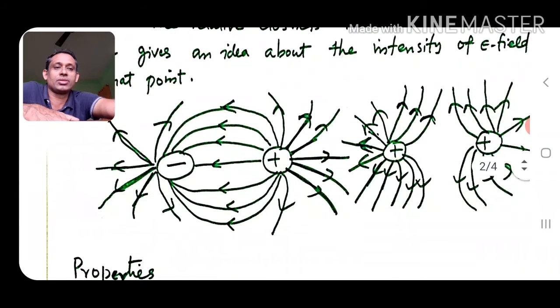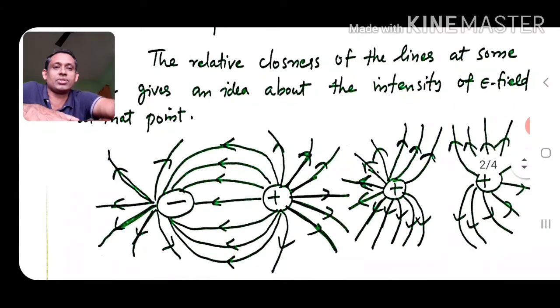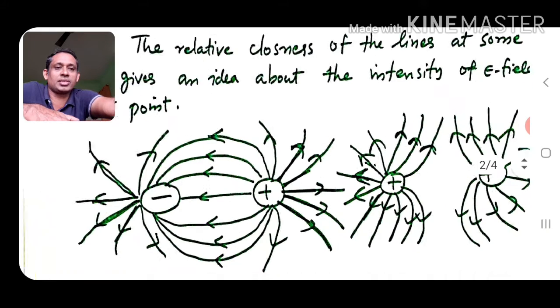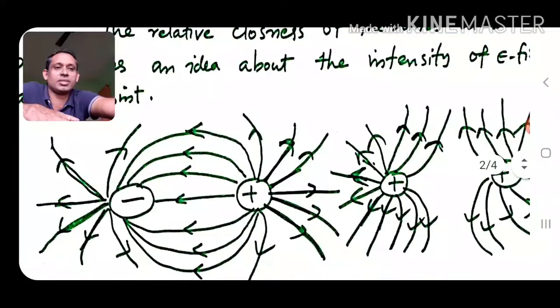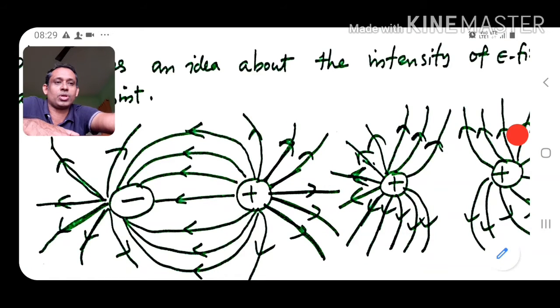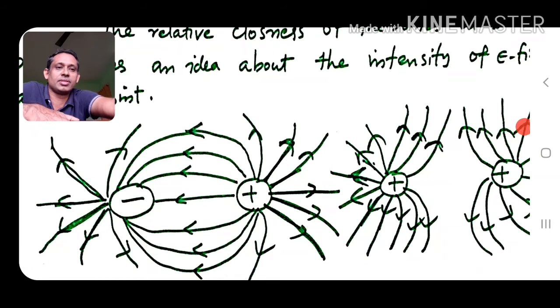So we have this negative charge and positive charge. These are the electric field lines around a negative charge and positive charge. Negative charge and positive charge attract each other. And here we see the electric field lines around two like charges, two positive charges.